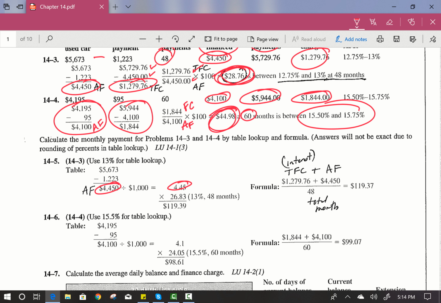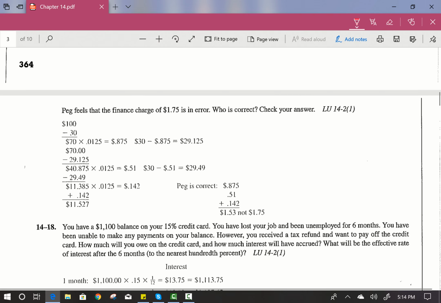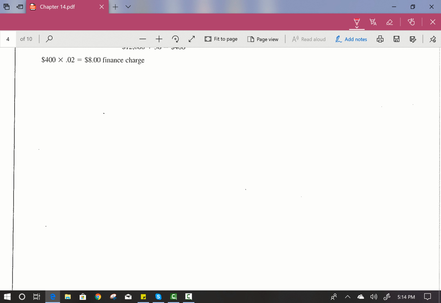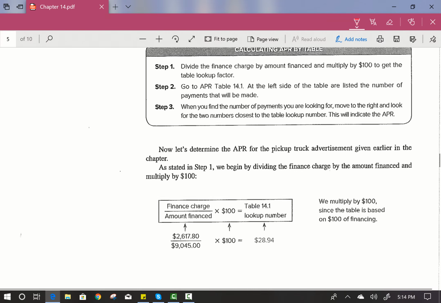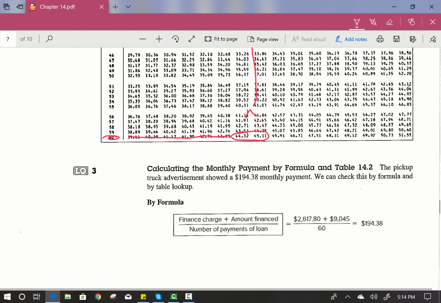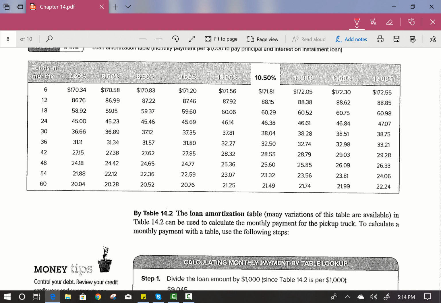Okay, so let's go look at the table that we're using here, 13% and 48 months. Let's go to a different table. Oh, goodness. That's not fair. Okay, here's 12% right here.